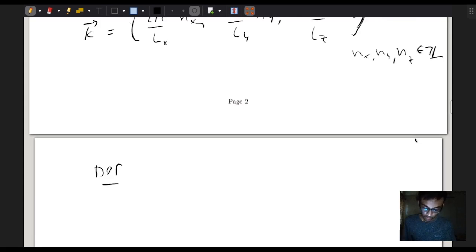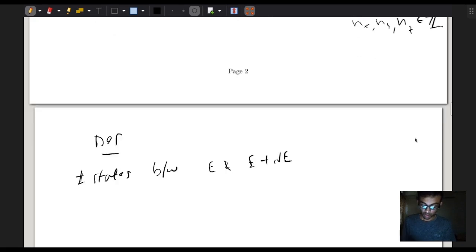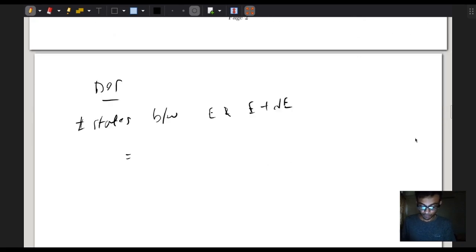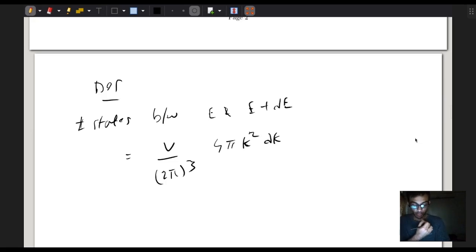The number of states between E and E plus dE is going to be V by 2 pi whole cube times 4 pi k squared dk. This is the volume in k space of the region we're interested in.